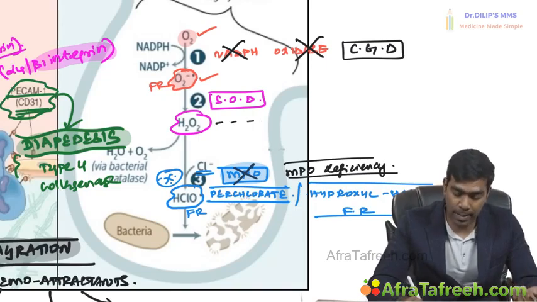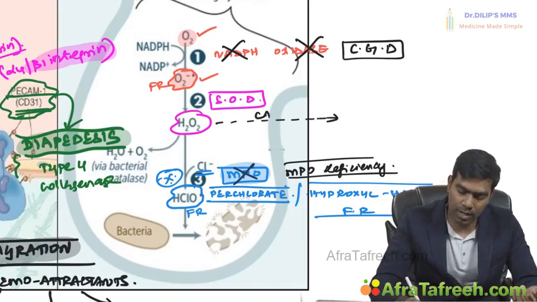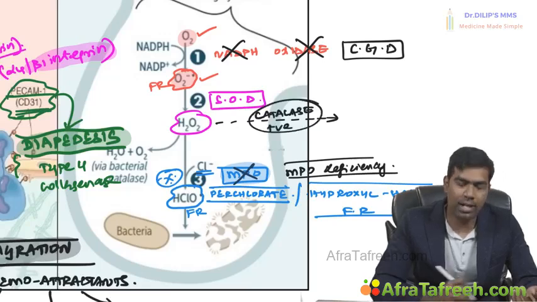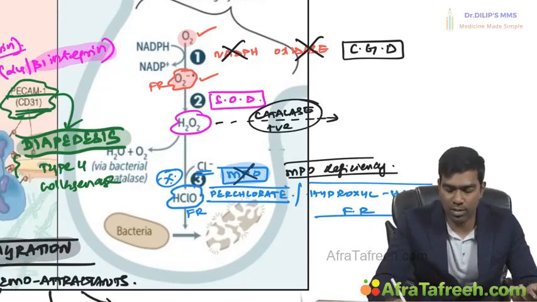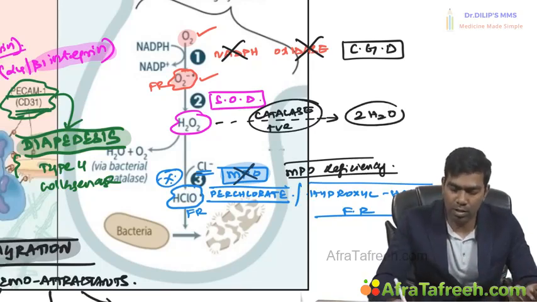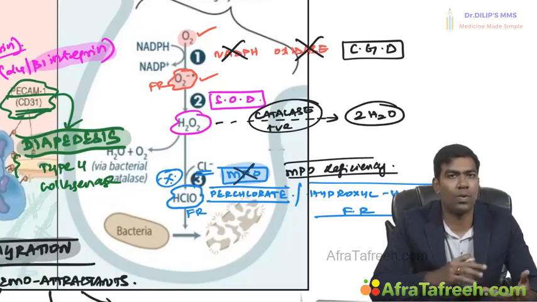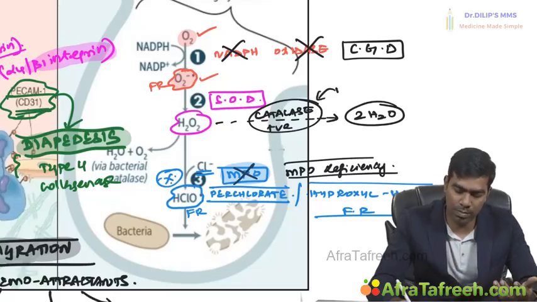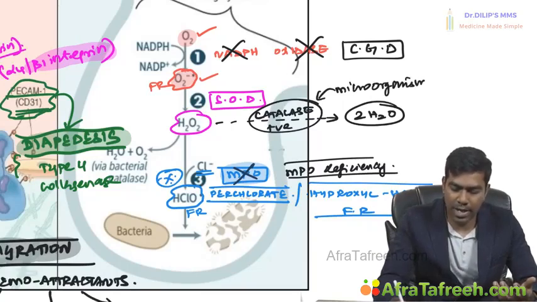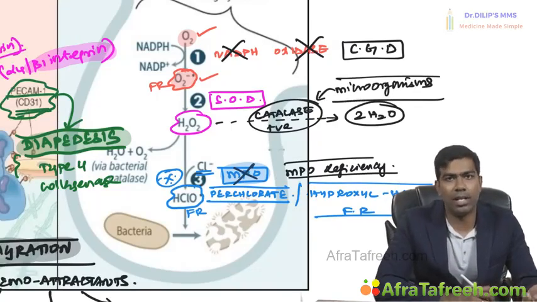But certain organisms that are catalase positive can convert this hydrogen peroxide into harmless water molecules. That is one defense for these microorganisms that are catalase positive; they might escape the oxygen dependent killing by the neutrophils.